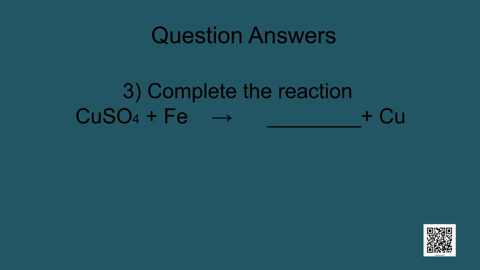Complete the reaction. CuSO4, that is copper sulfate, plus Fe, that is iron, gives dash and copper. Yes, in this reaction copper sulfate plus iron will form FeSO4, that is iron sulfate, because here iron displaces copper from copper sulfate solution.